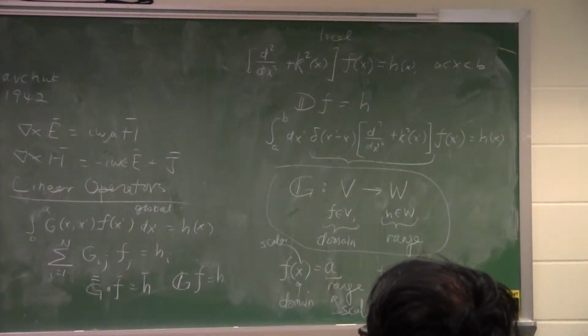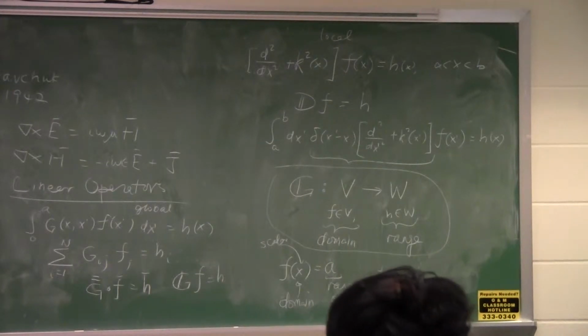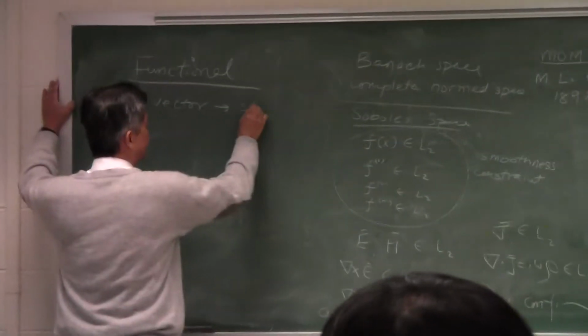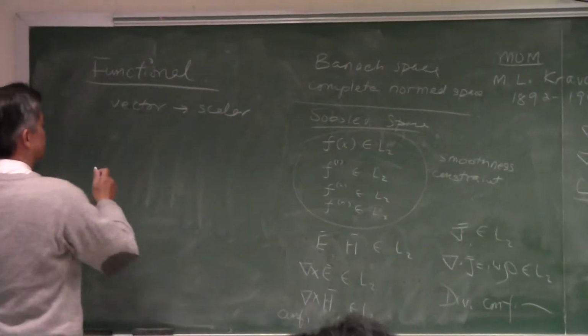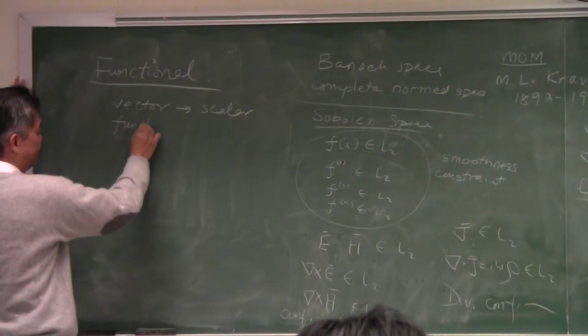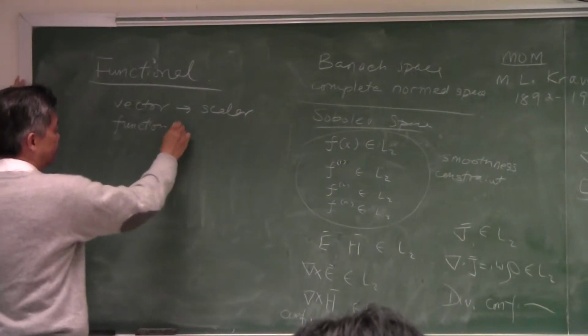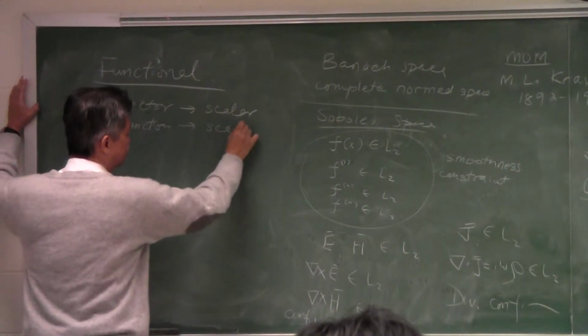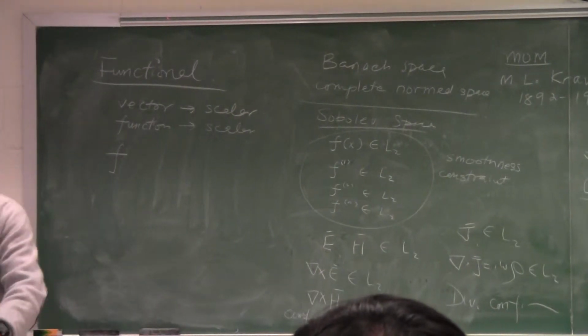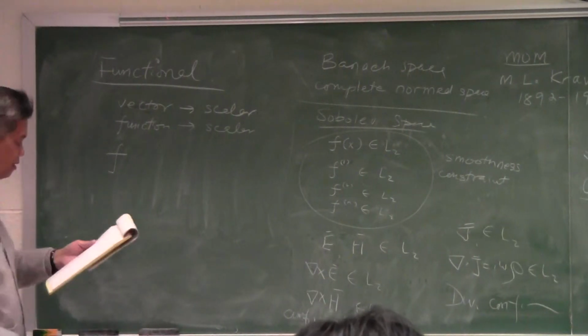The functional now maps from a vector to a scalar. This vector can be a function. As you can see, functions can play the role of a vector. So you can map a function to a scalar. So a functional can be thought of as something like this.